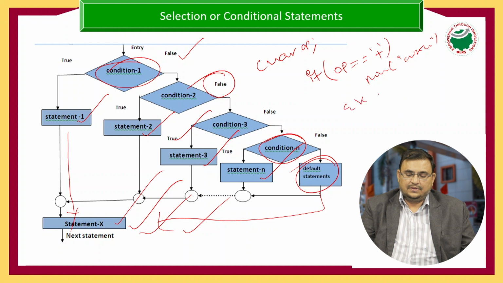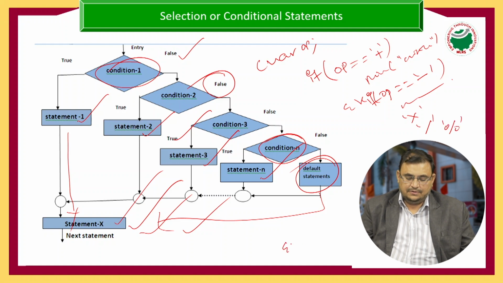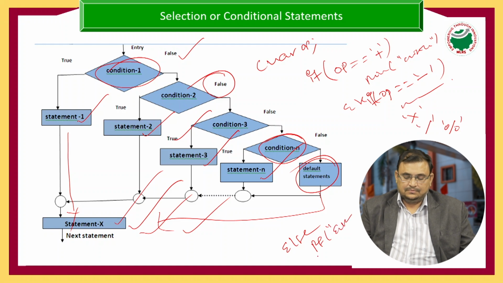Then else if OP double equal to minus, it is also an arithmetic operator. Like that you can write for asterisk multiplication, slash division, and modular division, and for the default statement you write else printf enter correct arithmetic operator.